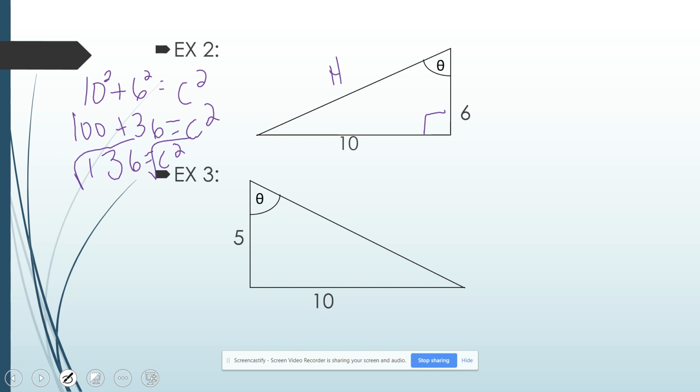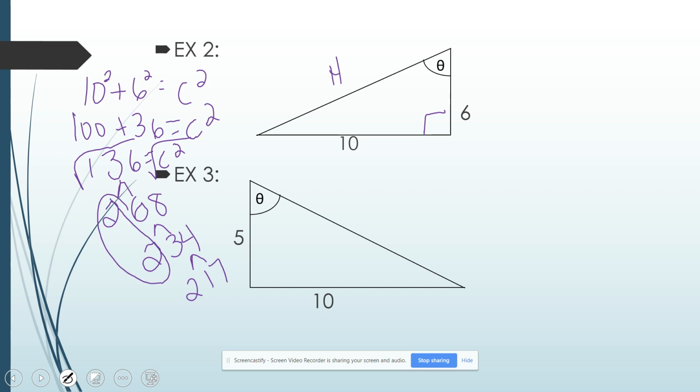I'm going to take the square root of both sides and then see if I can simplify the square root of 136 because that is not a perfect square. So I know I can divide by 2, and that leaves me with 68. 68 is even, so I can divide by 2, and that leaves me with 34. 34 is 2 times 17.